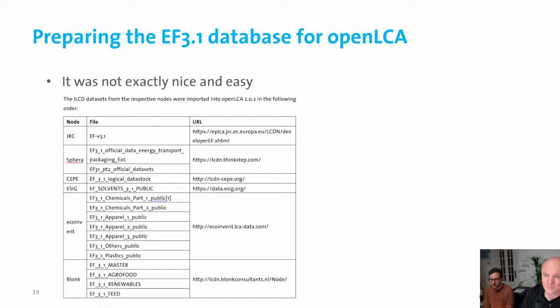We started first with the JRC node itself, and then I knew that Sphera had the first project to deliver data sets for energy and transport, and therefore we imported this first and then proceeded in this sequence. And that was then really providing good results.